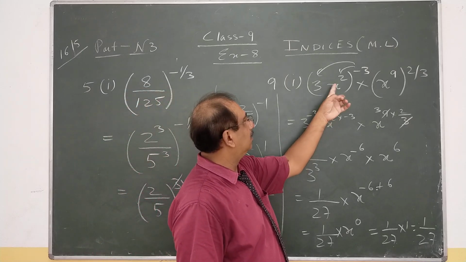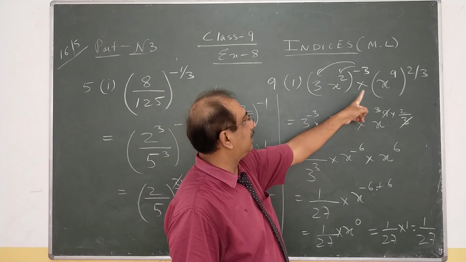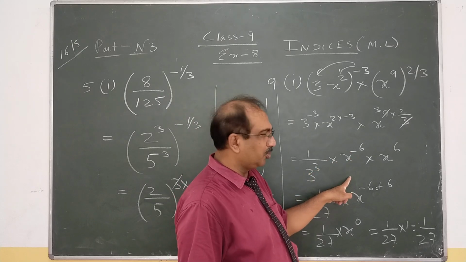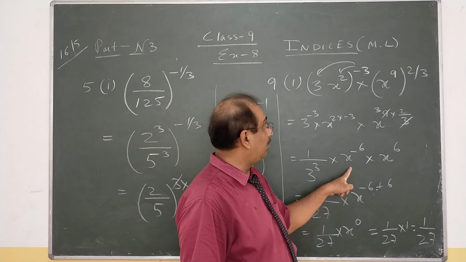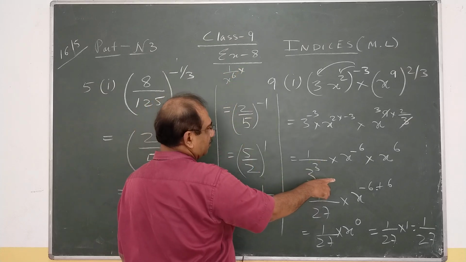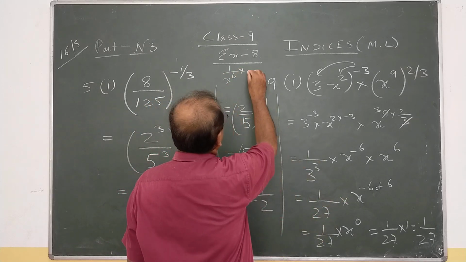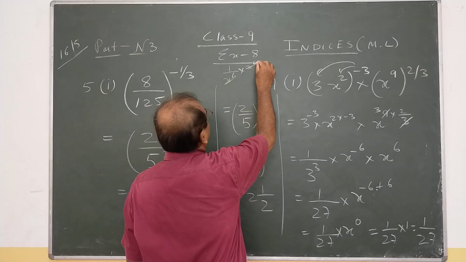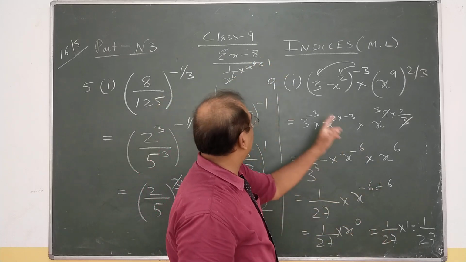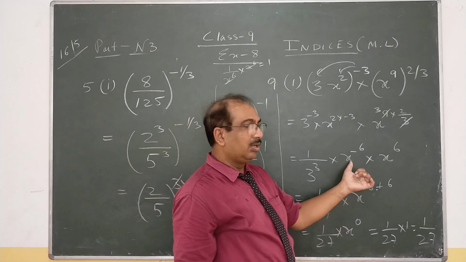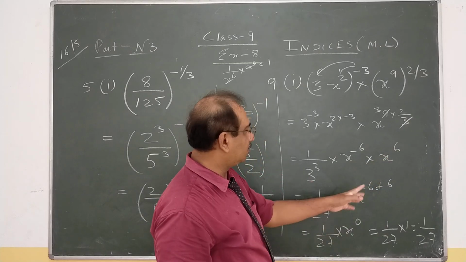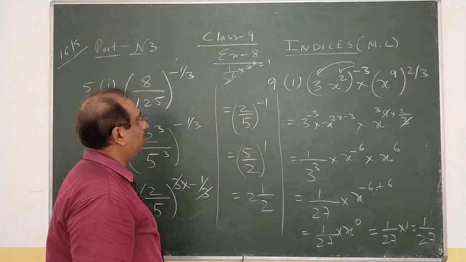And here the power goes with each term. The negative power becomes positive. Here I could have put it down another way. 1 by x to the power 6 into x to the power 6. See, even that will cancel and give you 1. Okay, I got 1 finally. There was another way. 1 by x to the power 6 into x to the power 6, it will cancel. So you could have done it in that way also.